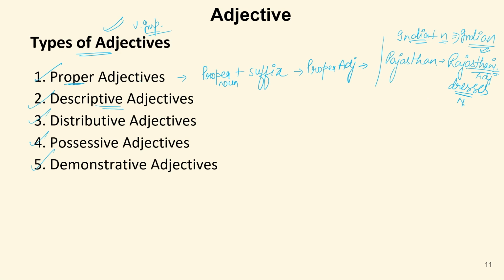Now we have descriptive adjective. Descriptive basically means to describe something.